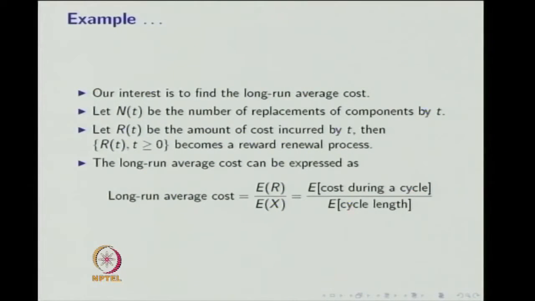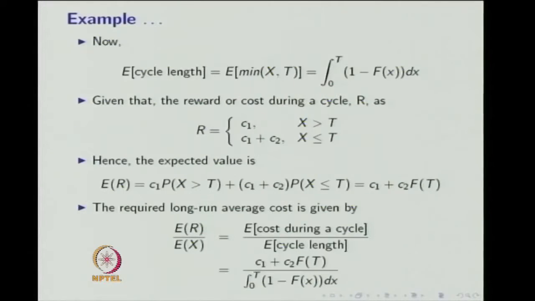Expectation of R is nothing but the expectation of cost during a cycle, and expectation of X is nothing but the expectation of cycle length. Now one can find the expectation of the cycle length.